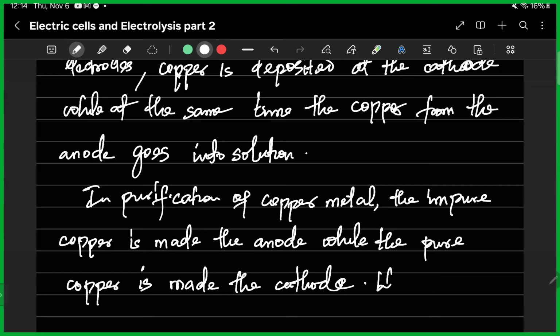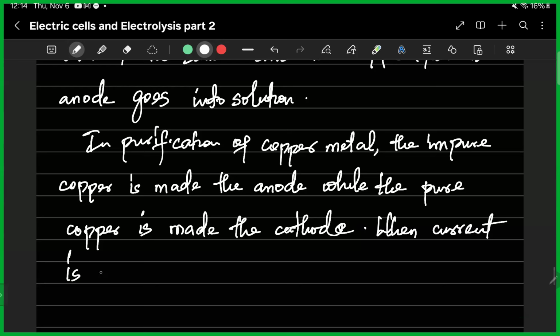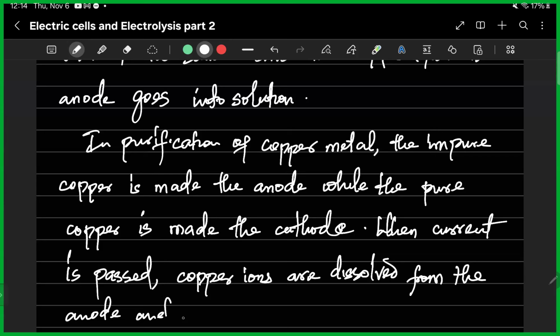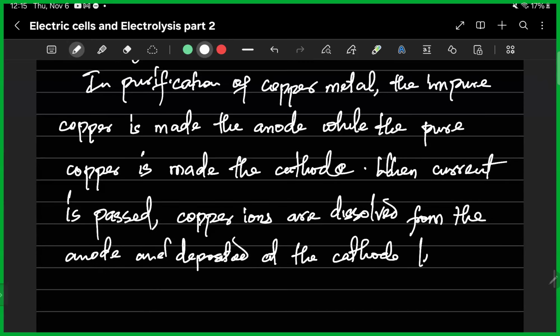When current is passed, copper ions are dissolved from the anode and deposited at the cathode, leaving the impurities behind. Are you seeing that technique?